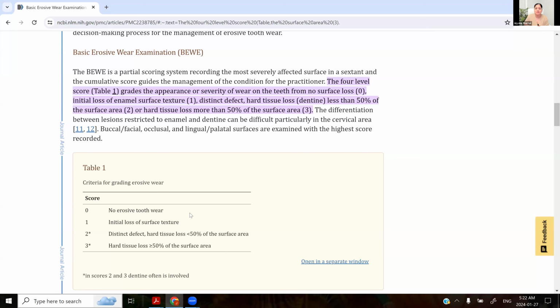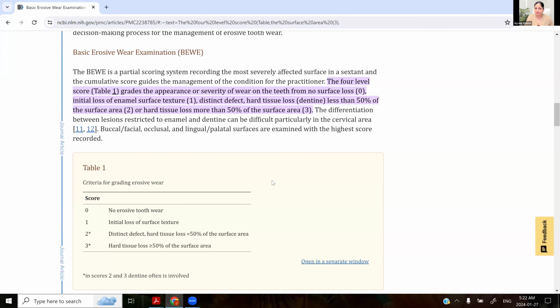Initial loss of enamel surface texture, where only enamel is involved, that's your initial tooth structure loss. It's your score 1. Whereas a distinct defect, where the hard tissue lost is less than half of the surface area, so half of the tooth structure remains, that's your scoring criteria 2. And more than 50% of hard tissue lost, that's your most severe kind, scoring criteria 3.